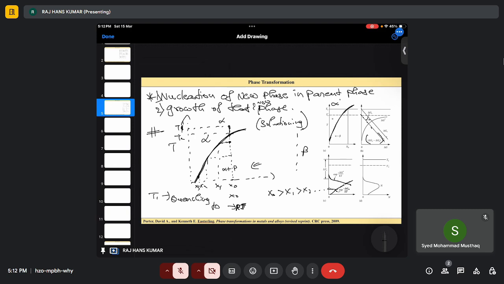The diffusion is low, the nucleation rate is high. And if I take the temperature here, the nucleation rate is low, the diffusion is high. So at every point there is a critical point where both have optimum values, right? This is called the critical temperature where the nucleation rate and the diffusion are optimum. I shouldn't say maximum.